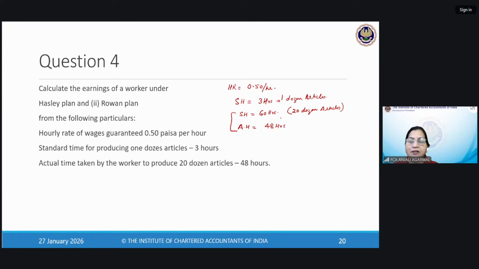The more time you take, the more articles you will produce. So 20 into 3, 60 hours. So now we have the information that we need: how much time he actually worked, what the standard time is in which this job has to be completed, and what the hourly rate is.